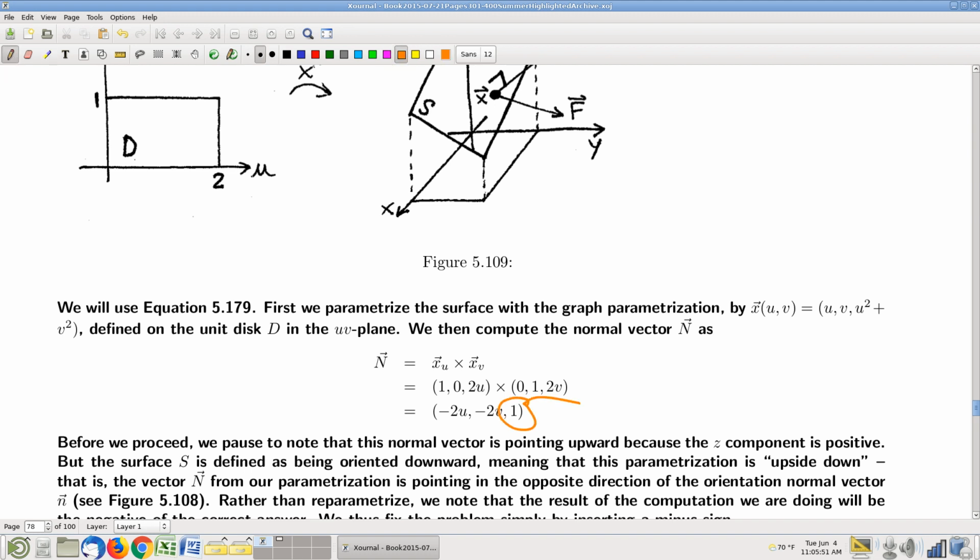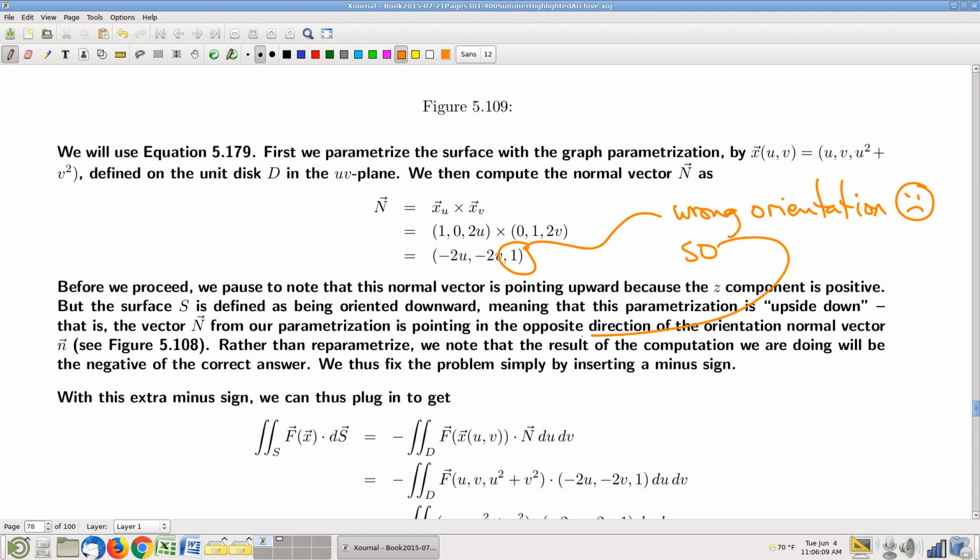I want you to say here, wrong orientation, frowny face, for example, and point to the negative sign that you're inserting in there to account for the fact that you inadvertently parameterized exactly backwards and therefore got exactly the negative of what you should otherwise have. And by sticking in an extra negative, you're now all set.